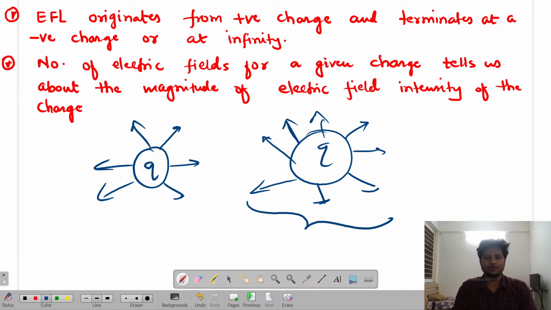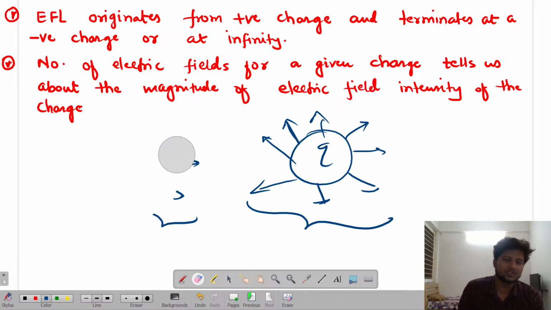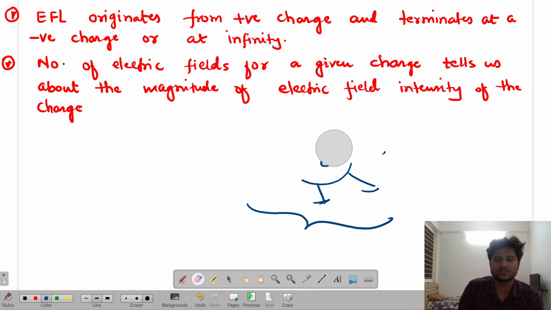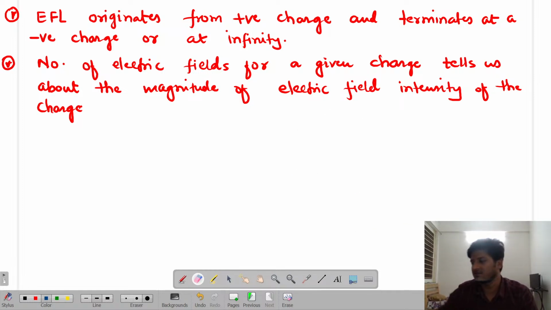So then the magnitude of this charge is more as compared to the magnitude of this charge. Are you able to get me or not? Yeah, because of the presence of more field lines. So remember that the more the field lines, the more the electric field strength of that particular respective charge. Is that clear or not? Is that perfectly clear? मेरी बातें समझ में आ रही हैं? Confirm हो?